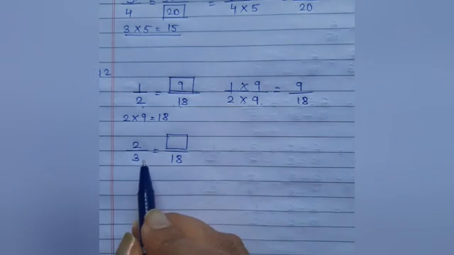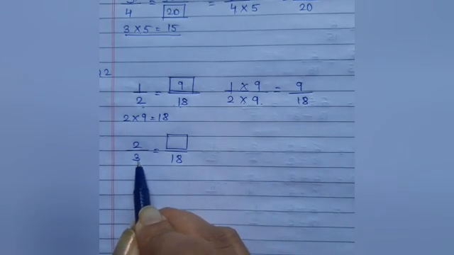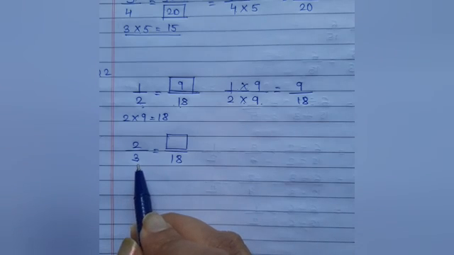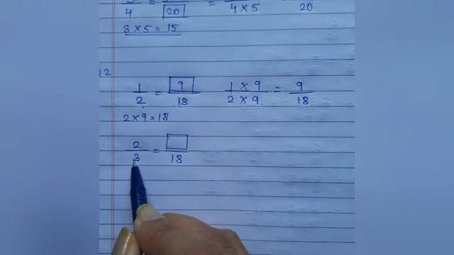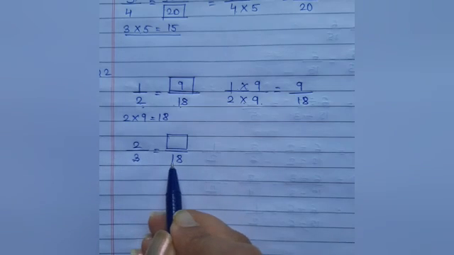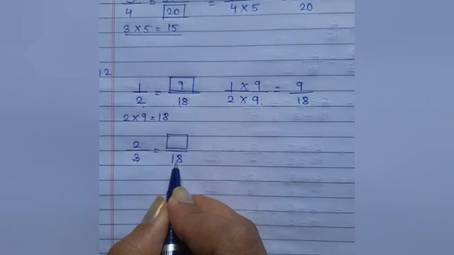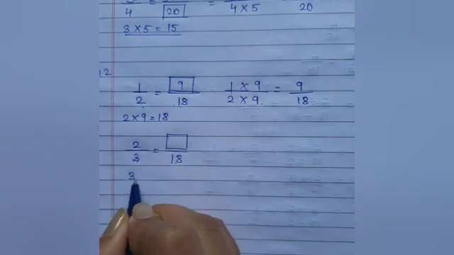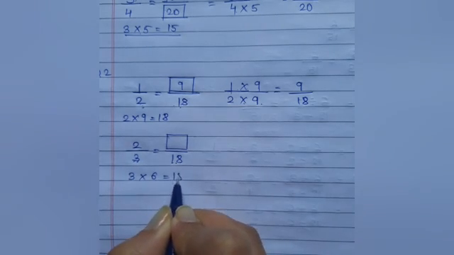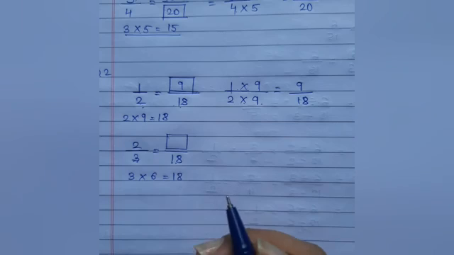So in the table of 3, considering the denominators, we have to find such a number which, if multiplied by 3, gives 18. So in the table of 3, 18 appears at a place of 6. That is, 3 into 6 is 18.